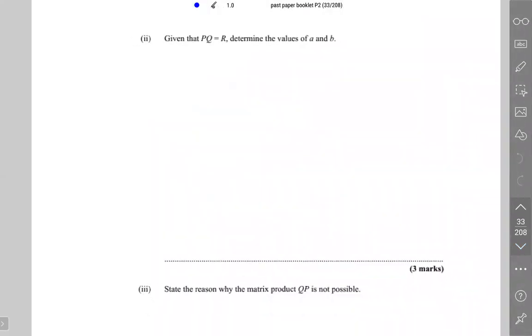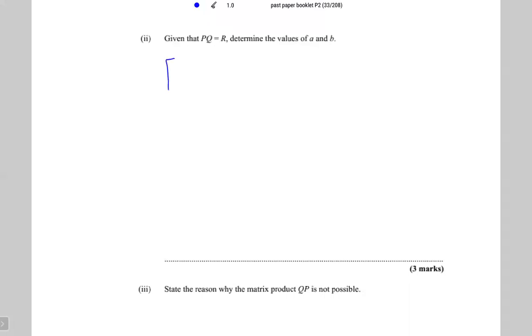Next, we're told that given that PQ is equal to R, determine the values of A and B. So PQ is equal to R. This is P. P is minus 1, 2, 0, 5.